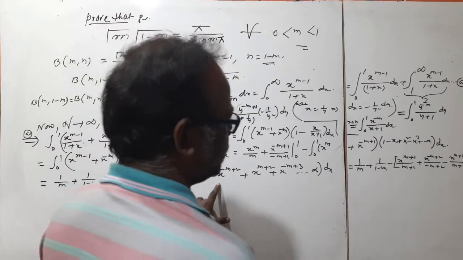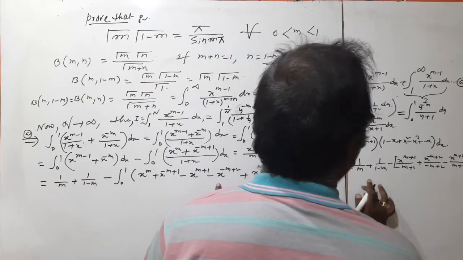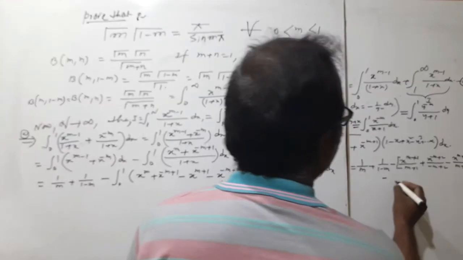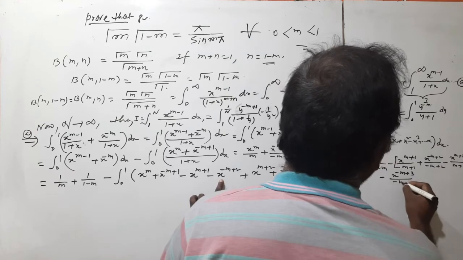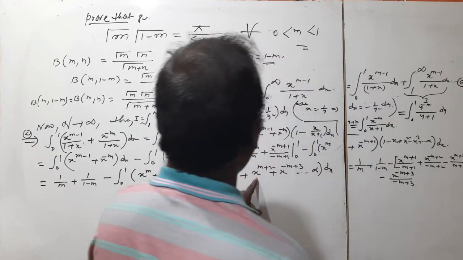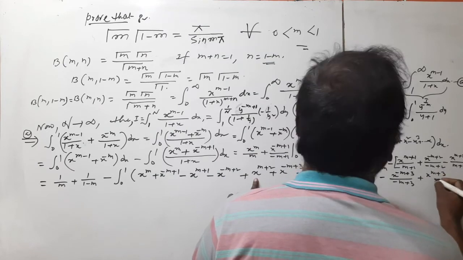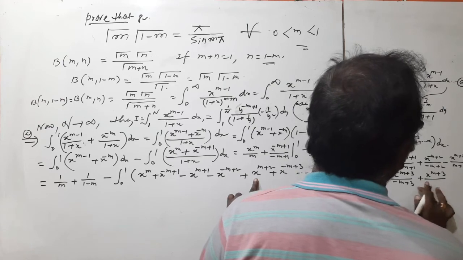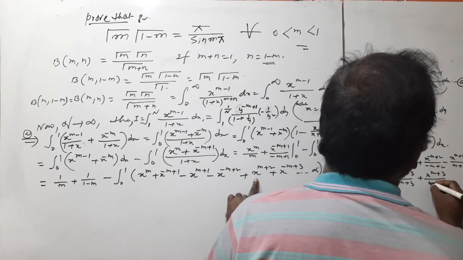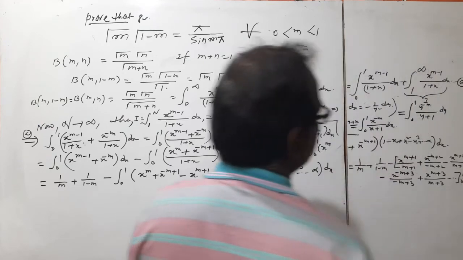For this, minus x to the power minus m plus 3 over minus m plus 3, and for this, x to the power m plus 3 over m plus 3. This is from 0 to 1.